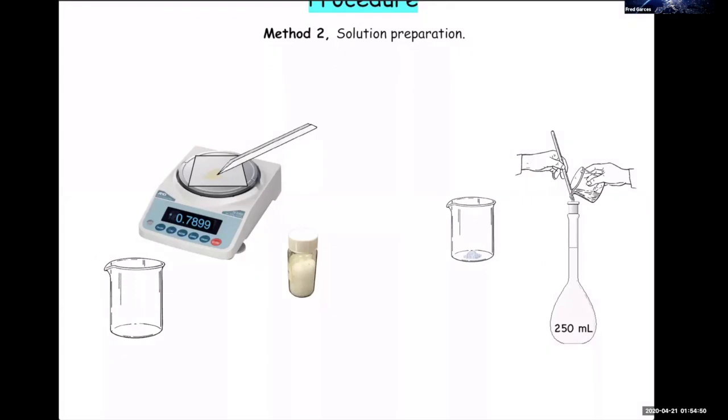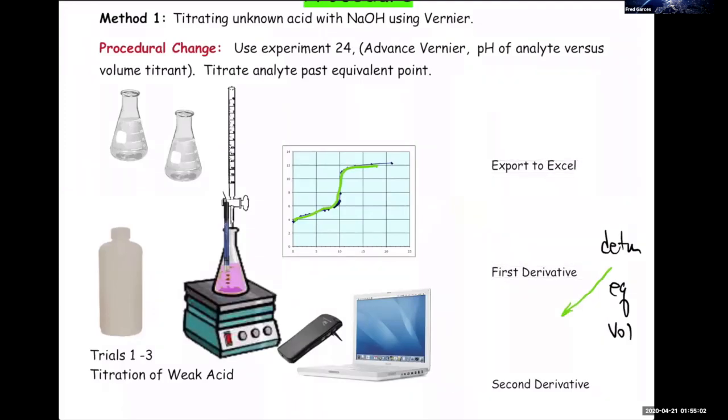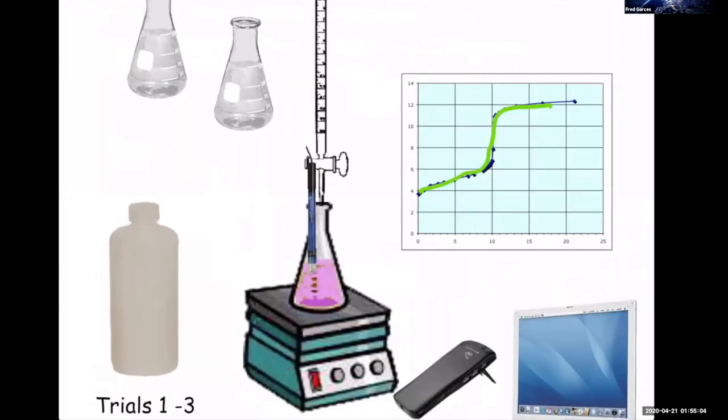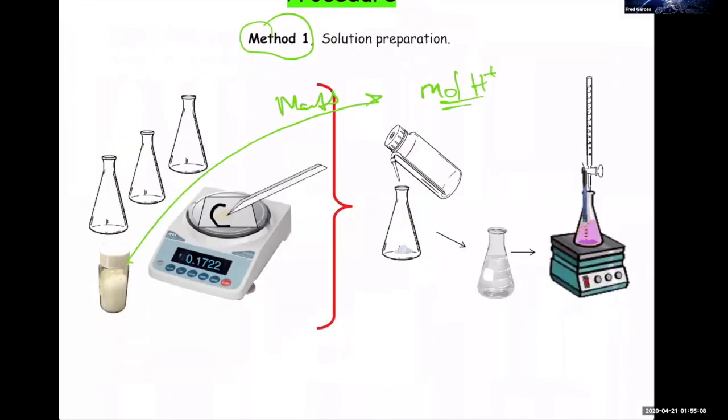This is part 2. In this particular part, you're going to take your unknown acid and weigh it. Back in method 1 right here, you weighed a certain amount of mass so that you could titrate it to less than 50 milliliters.